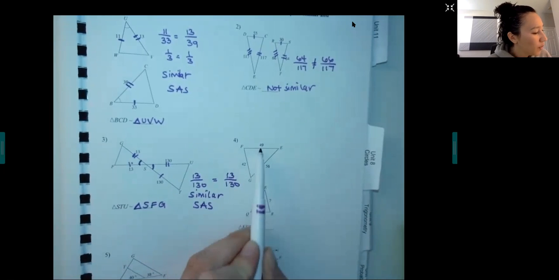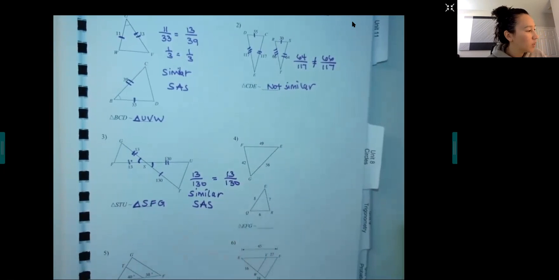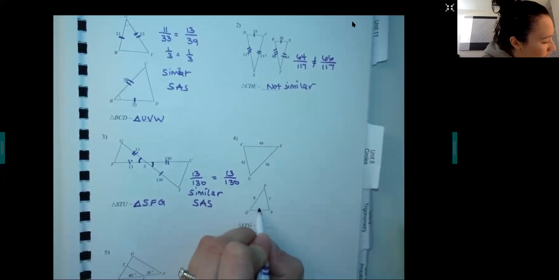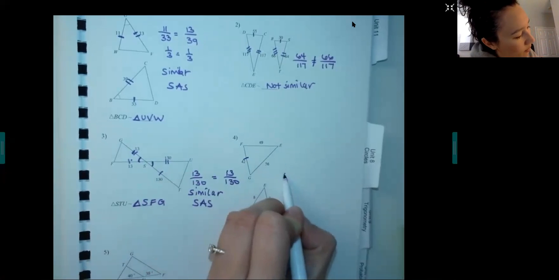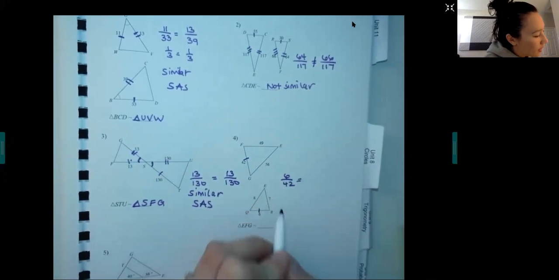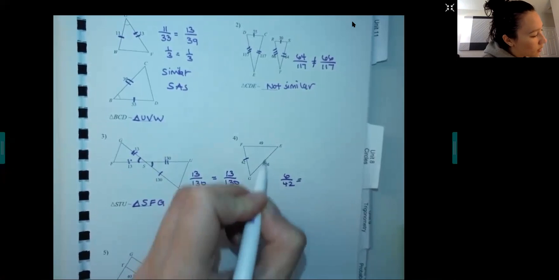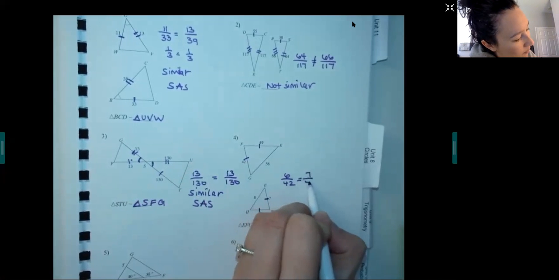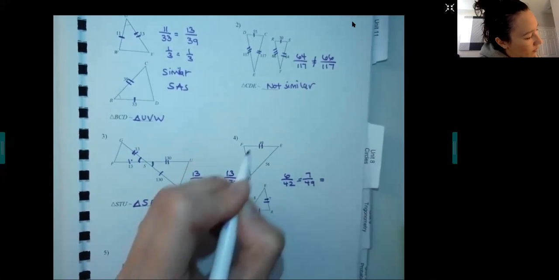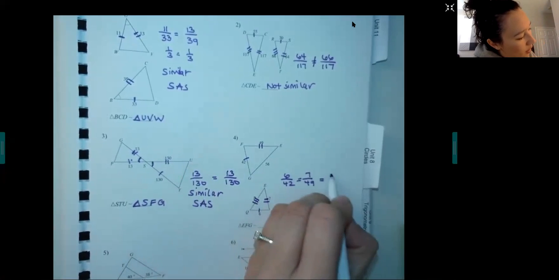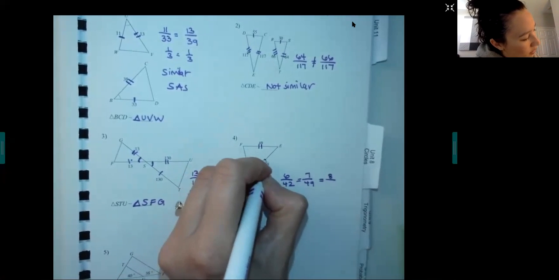Okay, for number 4, we have all three sides of both triangles. So we're going to be checking for side, side, side. If all the sides are proportional, then they are similar. Let's start with our smallest side, 6, which would correspond to our smallest side of 42. Our next side, 7, would correspond to 49. And the largest side, 8, we'll do 8 over 56.